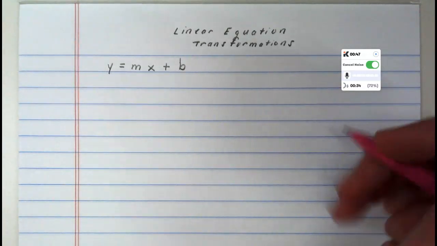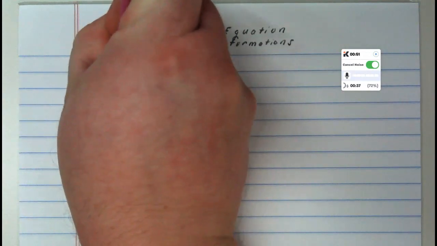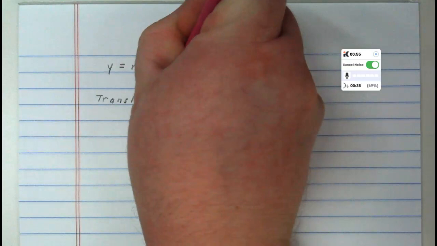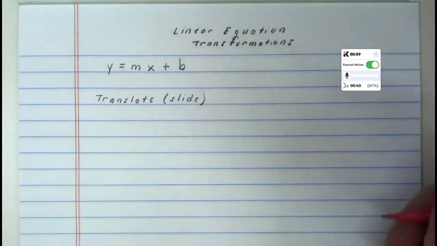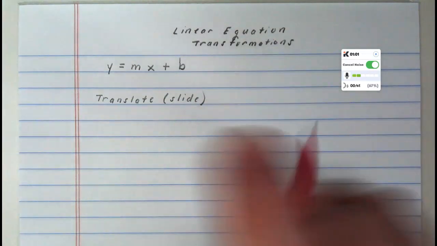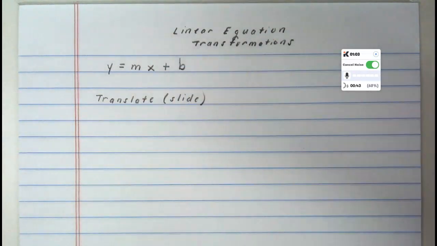So when we look at a line, and if we want to translate the line, which also means to slide the line, something is going to happen to the x and the b to help that be accomplished.